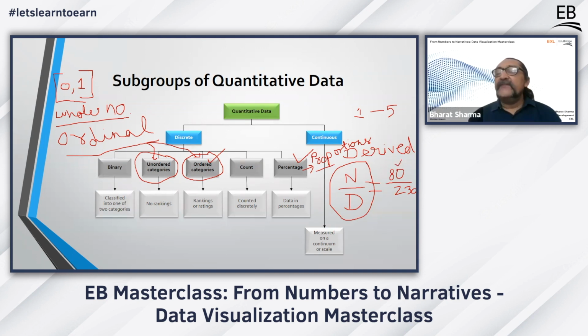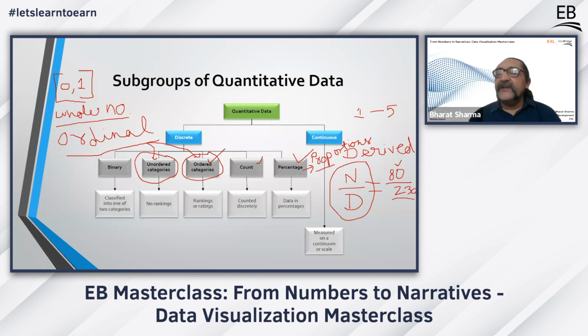Now, I have a numerator which is made up of counts. These are counting numbers. It could be 0 or 1 or any number, but in this case it is 80. And the denominator is also a count, total cars, again counting numbers.